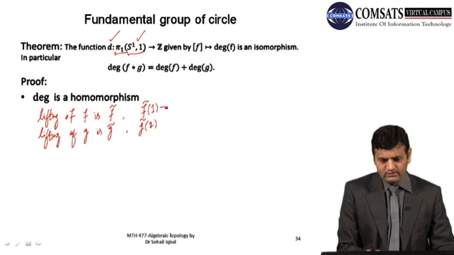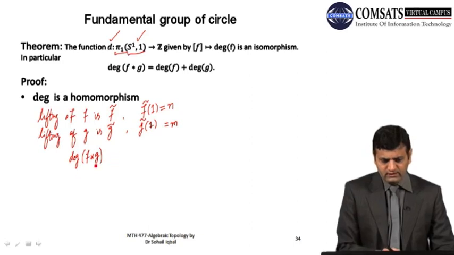So let's say f tilde of 1 is equal to n and g tilde of 1 is equal to m. Okay, so we now want to calculate basically the degree of f star g.